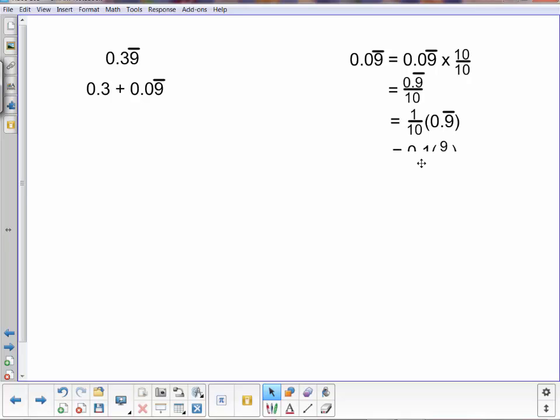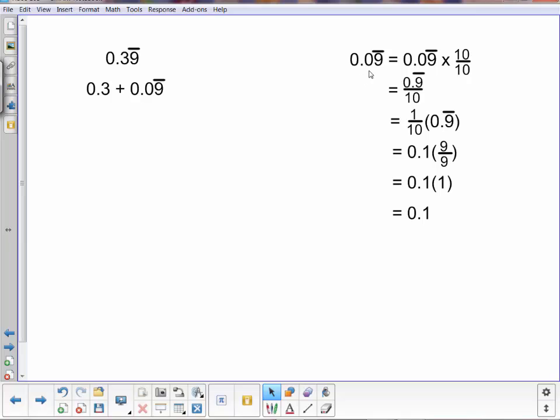Once again, I will change it to 0.1, which is the same thing as 1/10, and the 0.9 bar, I will use the Kelly's Cheater method to make it 9 over 9. Well, of course, 9 over 9 is exactly the same thing as the number 1, so this simply becomes 0.1.